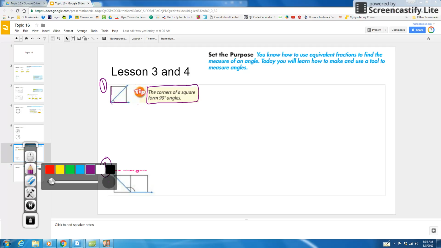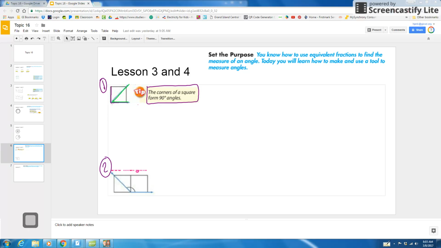I'm going to come in with my green, and they want to know what this angle is. And I'm going to tell you that this angle, the green angle, is cutting the purple angle in half. So if you think of it as half, that means I need to take half of 90 or divide it into 2. And half of 90 is 45 degrees.